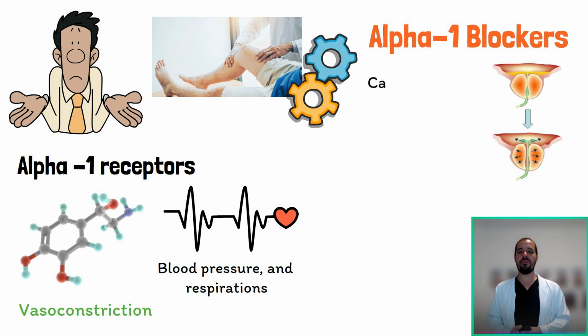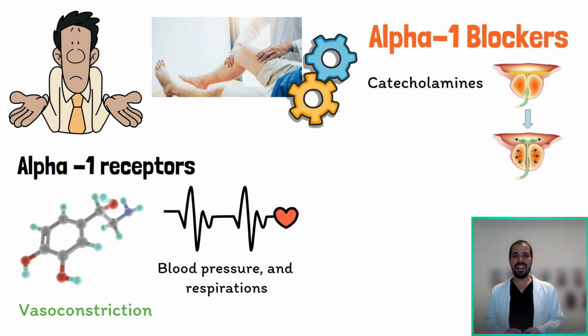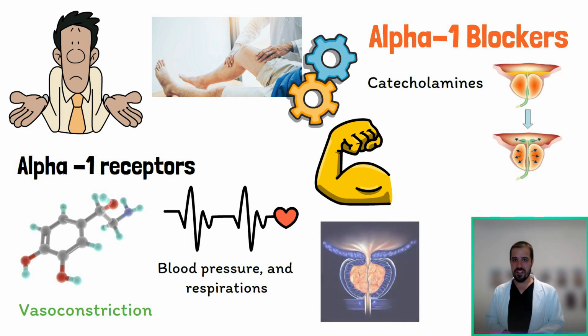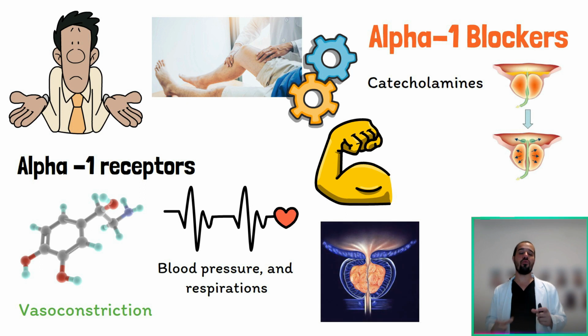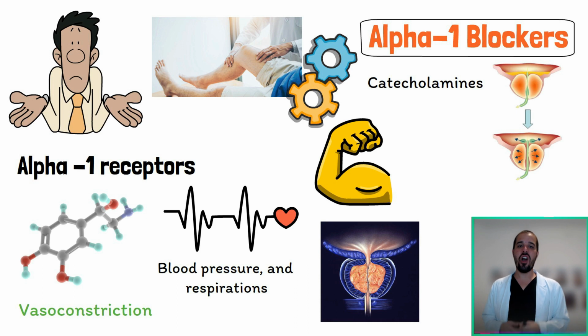By blocking these receptors, alpha-1 blockers thus block these catecholamines and promote dilation and relaxation of certain smooth muscles, specifically the prostate. I emphasize the prostate because one of the main treatment disease processes for alpha-1 blockers is enlargement of the prostate. So to recap, alpha-1 blockers block alpha-1 receptors, thus promoting dilation and relaxation of smooth muscle.